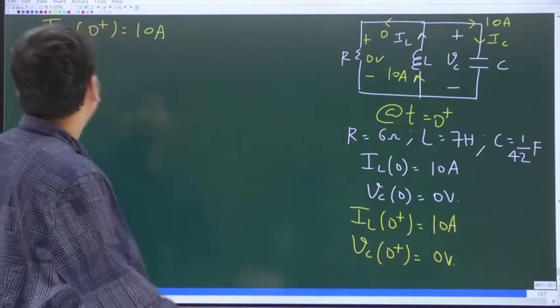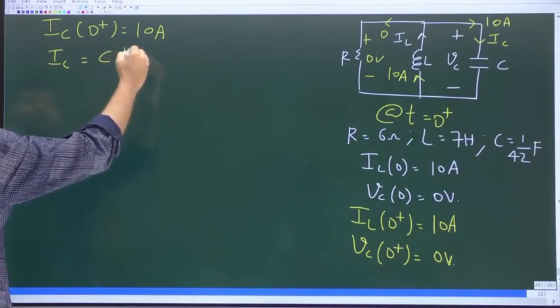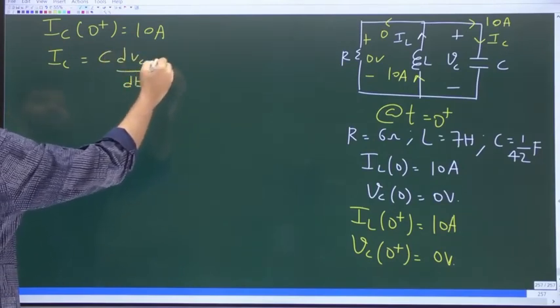Now what is the relation between IC and VC? IC is equal to C dVC by dt.